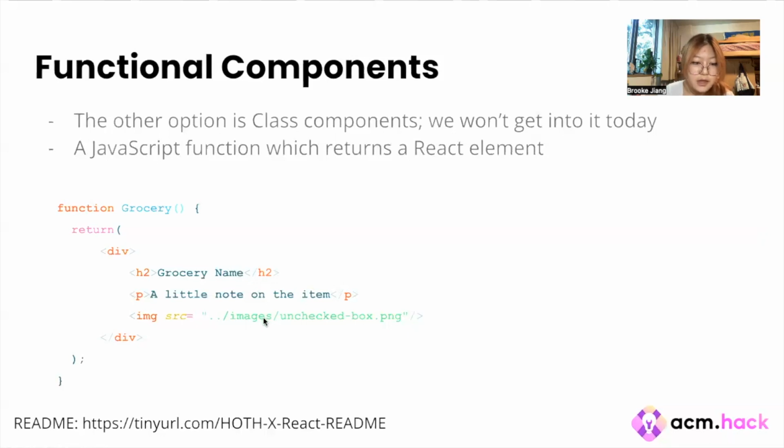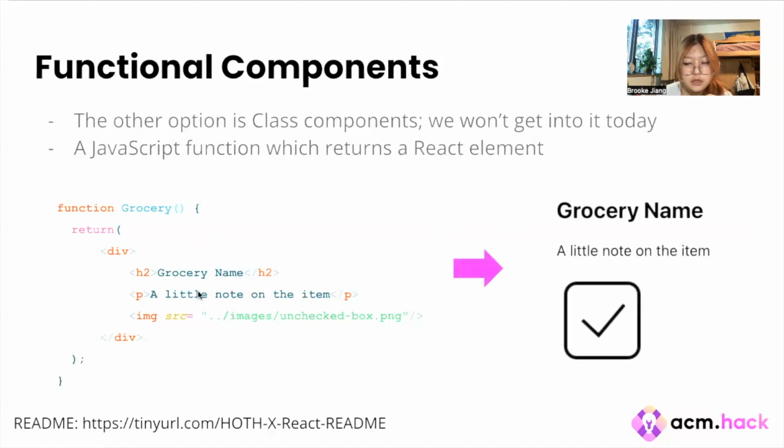What we're going to be putting in that is the checkbox that we want to have. Note that the source here is not something that you can just open up. It's not a URL. This assumes that we are in some sort of folder with another folder called images, and you can find that PNG. This works in the context of our demo.